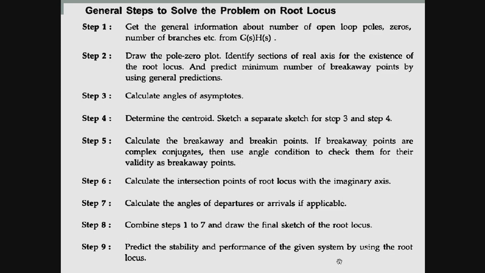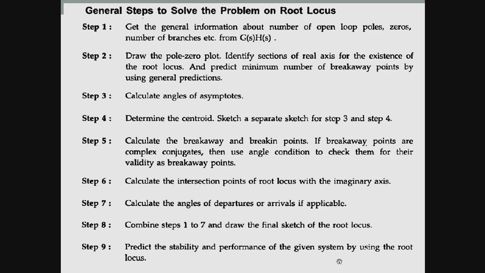Then calculate the angles of asymptotes and determine the centroid. Sketch a separate sketch for step 3 and step 4, okay. You have to sketch independently. Calculate the breakaway and break-in points.